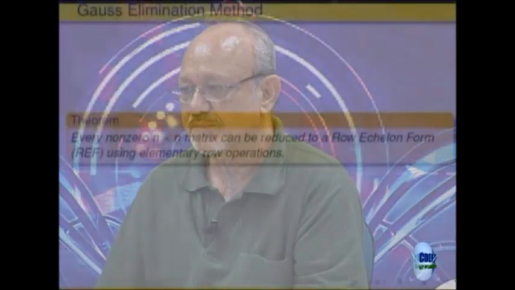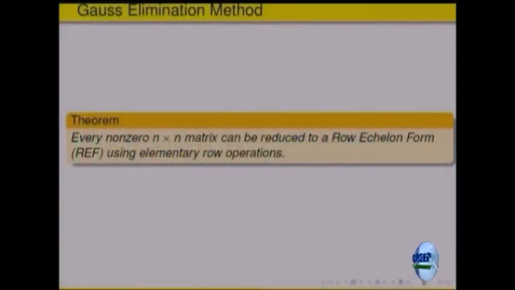So this theorem says every non-zero matrix. Why should it be n cross n? It should be m cross n, there is a typo here. Every matrix of any order m cross n, there is no relation between m and n, okay, can be reduced to a row equivalent form.